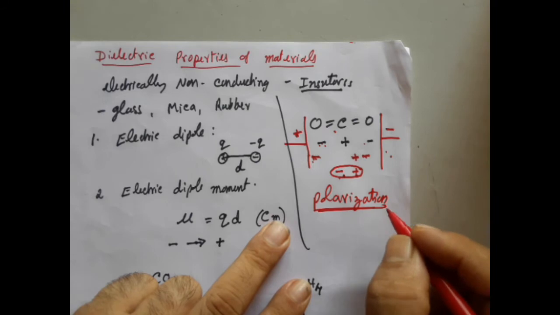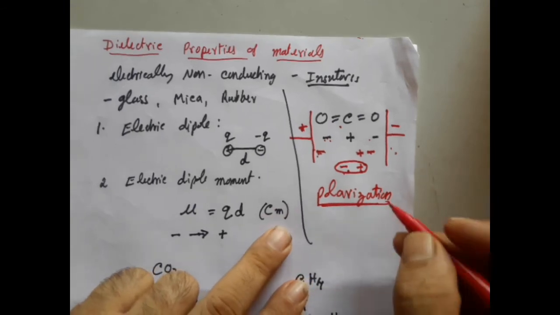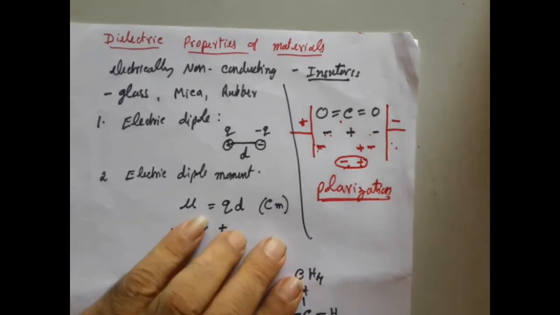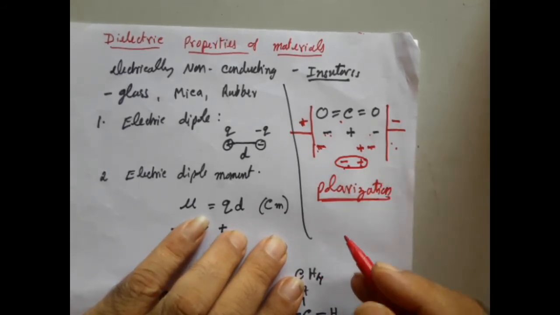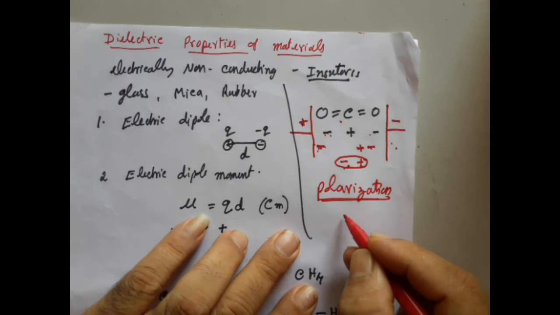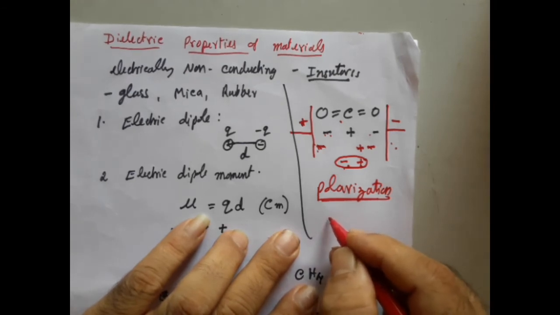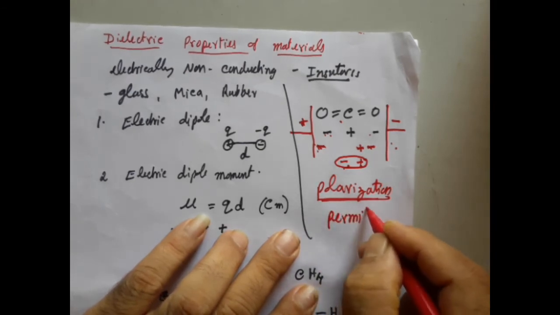Now, how much polarization is going to take place? That depends on the kind of material. Therefore, every polarizing material will have a certain constant, and that constant depends on what is called the permittivity.